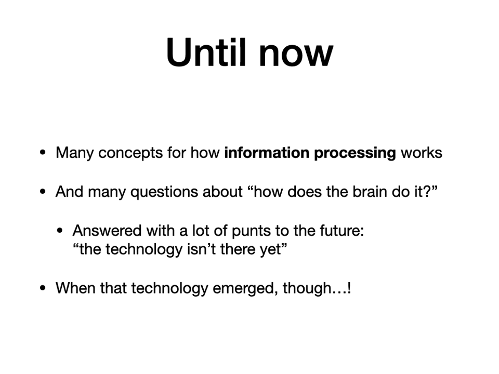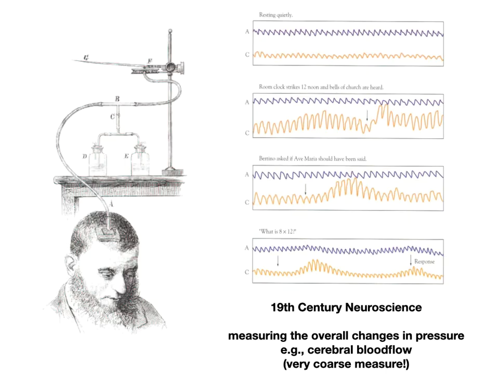but that technology started to emerge, maybe a little sooner than you'd think. This is more of an aside, but check this interesting thing out. 19th century neuroscience. This is a machine that takes a shunt into somebody's skull, and what it detects is the change in pressure inside the skull in response to things that are happening in the world.